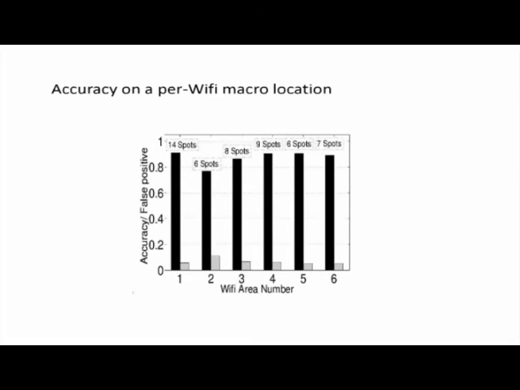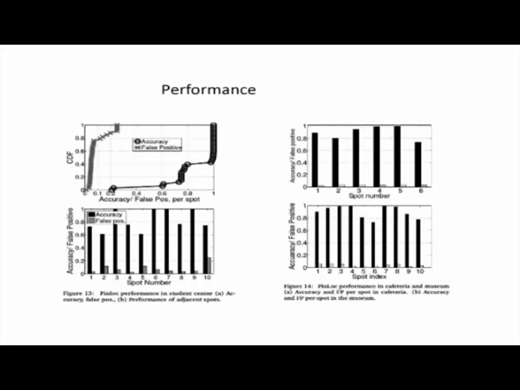As I have said, they first need macro locationing: radar or any location algorithm has to give the macro locations from big to small. Once they are in the small area, they know there are 14 spots, 6 spots, 8 spots, 9 spots, and accordingly they can do the localization.